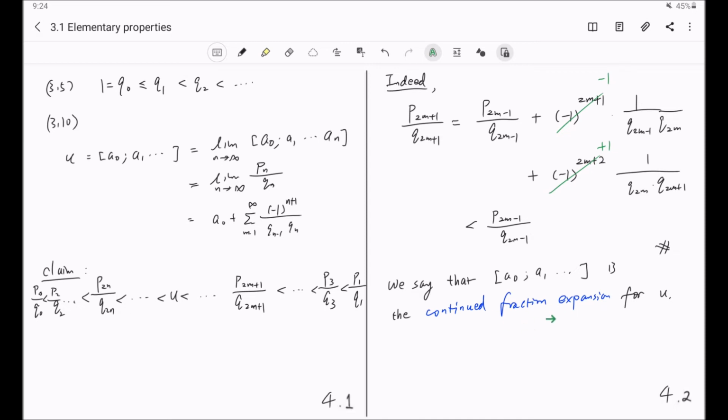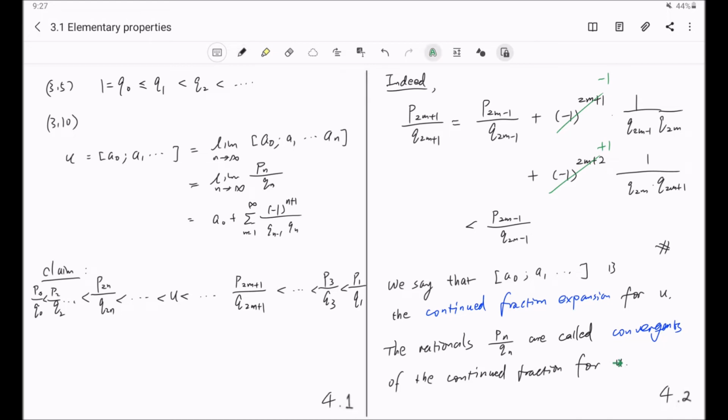Now let me introduce some more interesting results concerning the continued fractions. Those rational numbers p sub n over q sub n also have names. The rationals p sub n over q sub n are called convergents of the continued fraction for u.